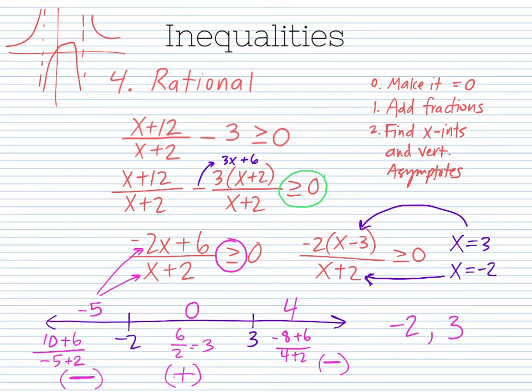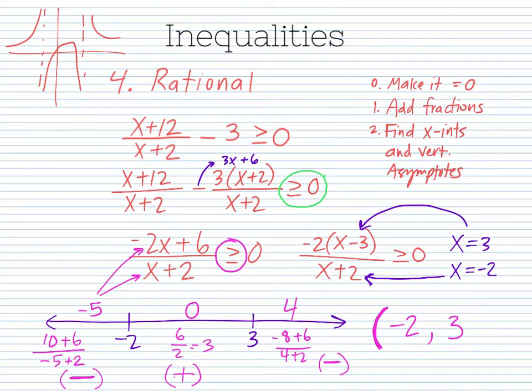And think about it. In order for this to satisfy, we have to be defined there. So is the function greater than 0 at negative 2? The function doesn't even exist at negative 2, so we are not going to include negative 2 in our final answer. That's a round parenthesis because at negative 2 we have a vertical asymptote, and if the function doesn't exist, it cannot satisfy the equation.